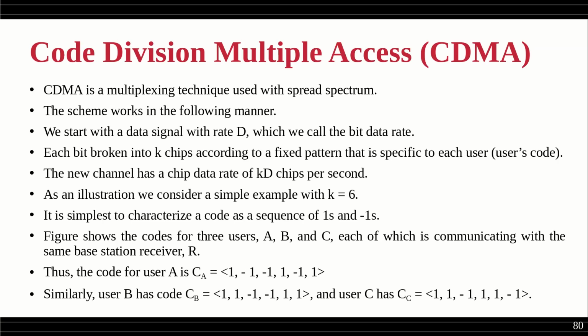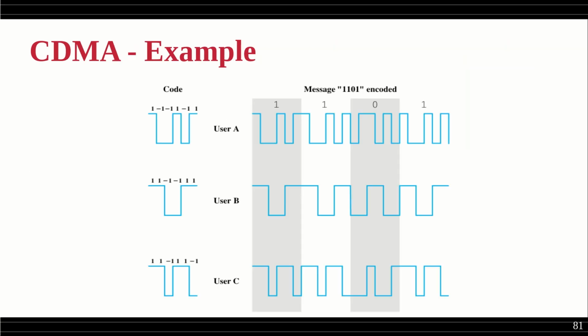Not only that, the receiver should also know that if the information is coming from A, this is the chipping code, and if it is from B, this is the chipping code. That is already communicated to the receiver, and only then will it work. Now suppose the message to be communicated is 1101, and it will be encoded like this. If it is sent by A, each bit, say 1, will be encoded using this chipping sequence.